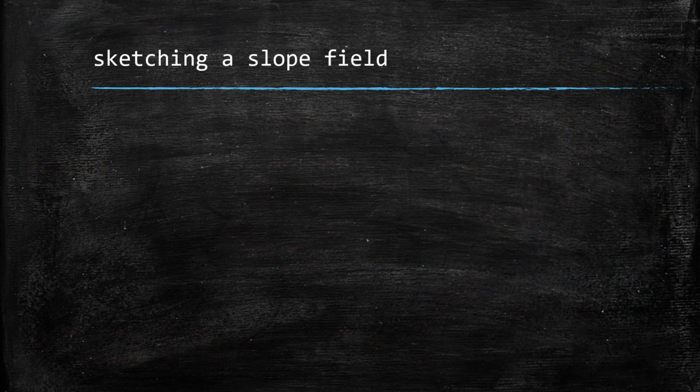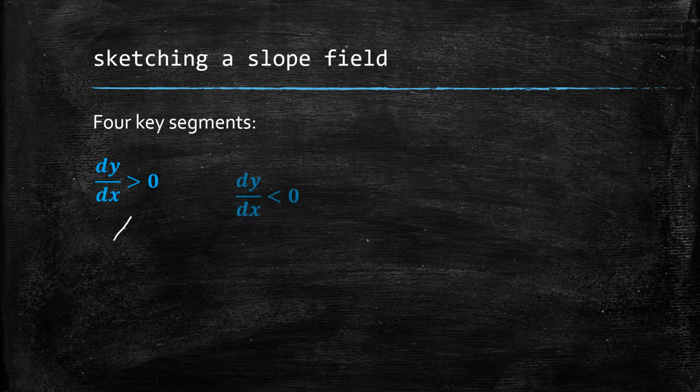So before we begin practicing sketching slope fields, it's good to keep an eye out for 4 key segments that you'll be drawing a lot of. The first is if dy/dx is positive, so that means the slope of the curve at that point is positive, and you would get something that looks like that.